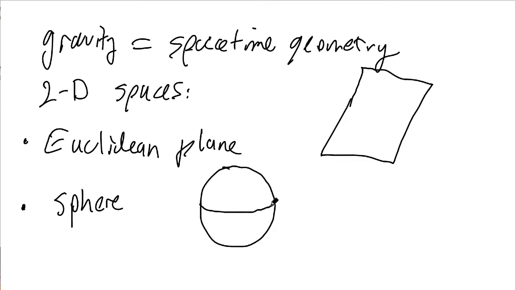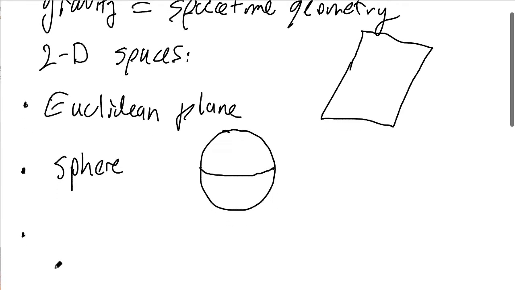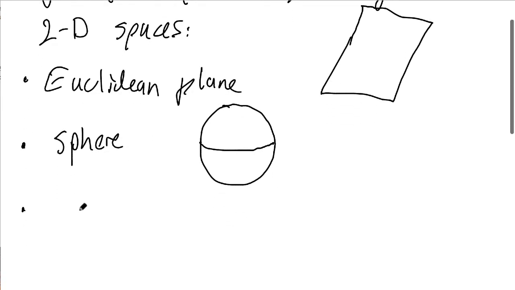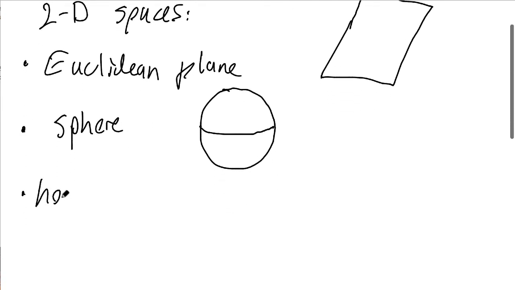Now when I refer to the sphere, I'm referring to the two-dimensional surface. So we're ignoring the interior. It's just the surface of the sphere. Another example that we'll talk about is a horse's saddle. So a horse's saddle looks something like this.